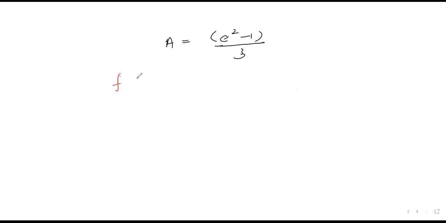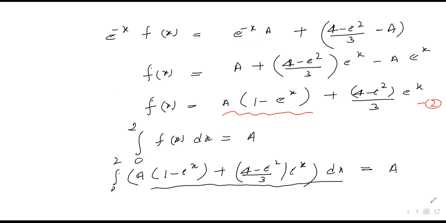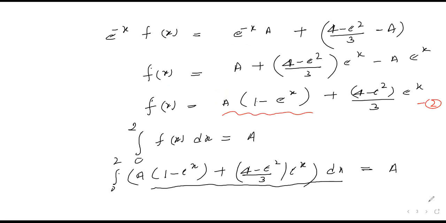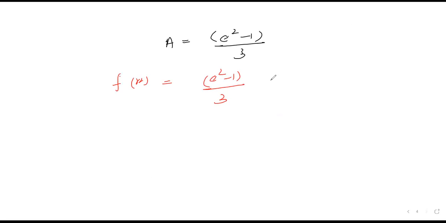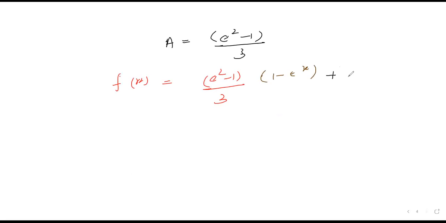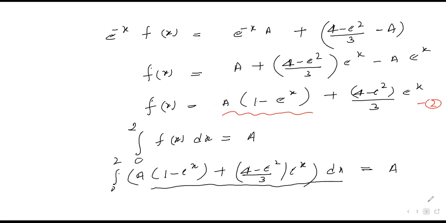So f(x) equals A, which is basically (e square minus 1) by 3, times (1 minus e raised to the power x), plus (4 minus e square) by 3 into e to the power x, plus (4 minus e square) upon 3, (4 minus e square) by 3 e raised to the power x.